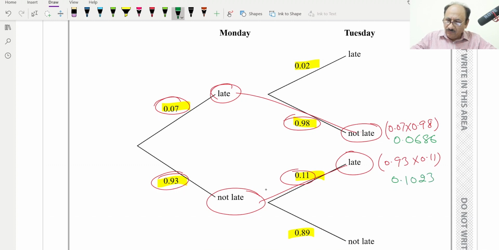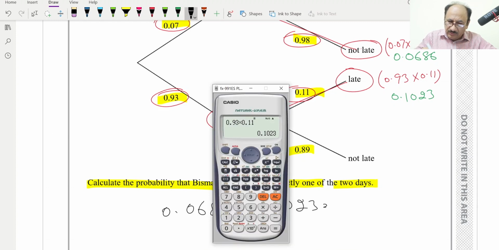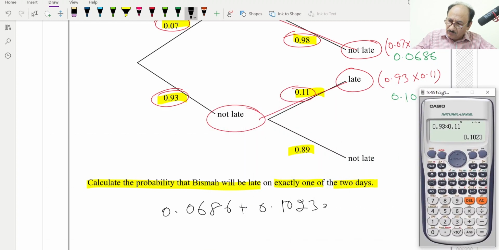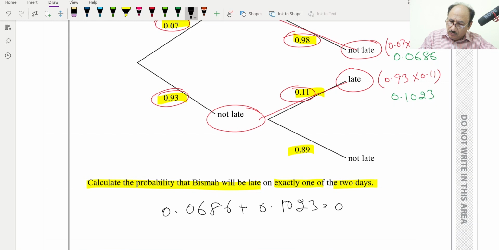And now we will be adding these two numbers. We can write over here 0.0686 plus 0.1023, and this is equal to 0.1709.